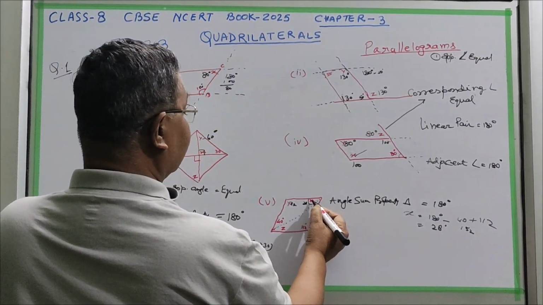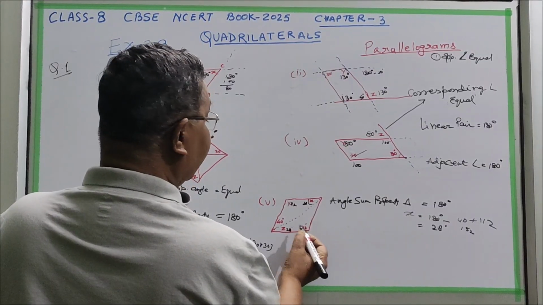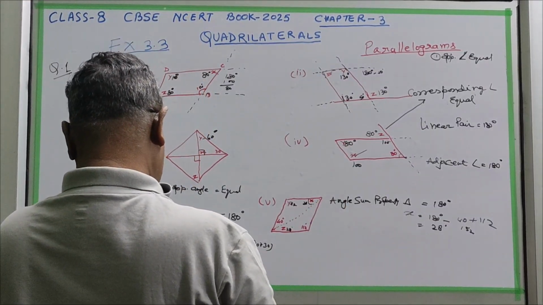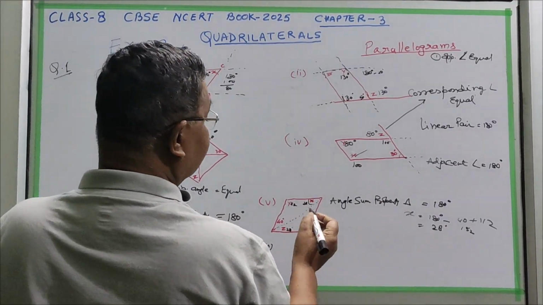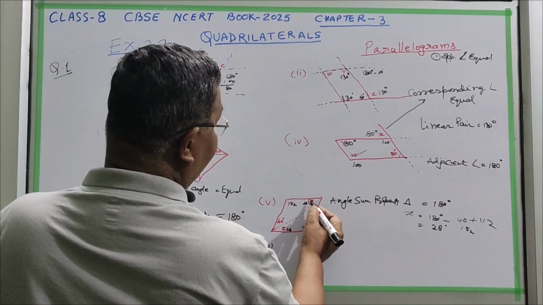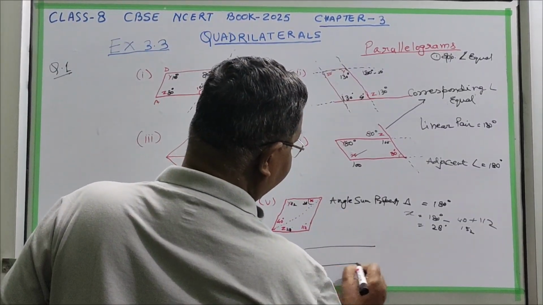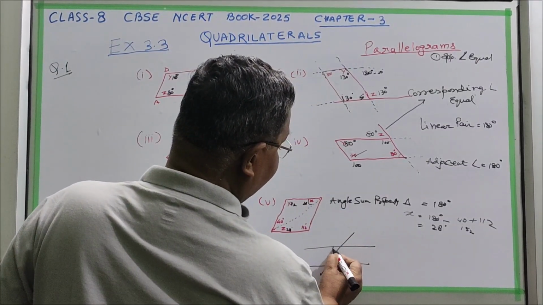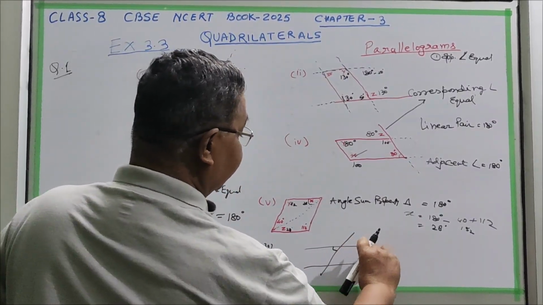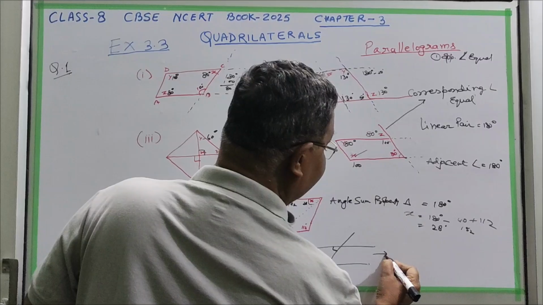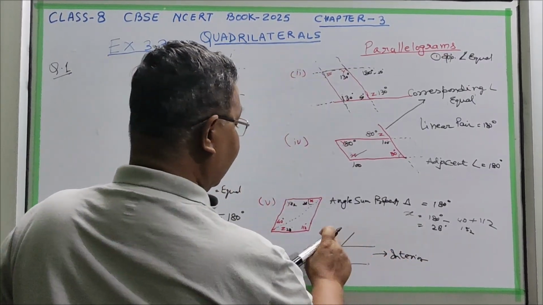So if this is 28 degree, this z will also be 28 degree, because they are known as alternate interior angles. So this is a parallel line. Interior means between these two parallel lines. Others are exterior.